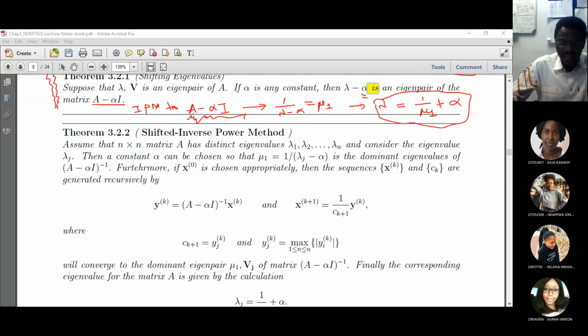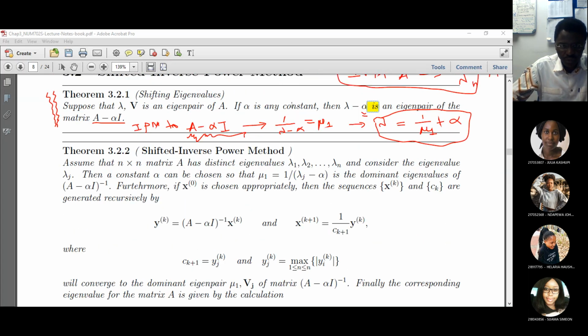Now, if you use this theorem, we know already that we can choose a constant alpha such that 1 by lambda j minus alpha is the dominant eigenvalue of this. In other words, we are applying the inverse power method to A minus alpha identity.